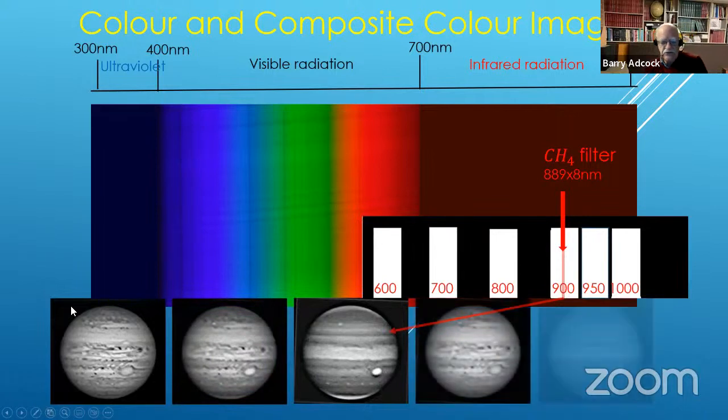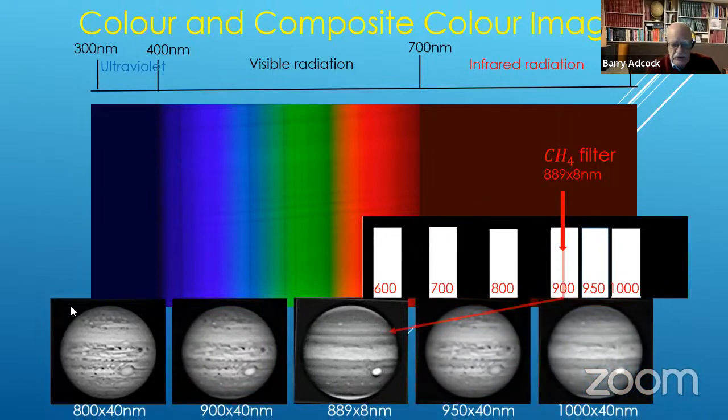And looking at the others, it starts to show up the differences that Antonio was talking about. The image at 800 as a methane band and at 1 micrometer look quite similar, but in between, Jupiter takes on what I would call a normal, in inverted commas, appearance.